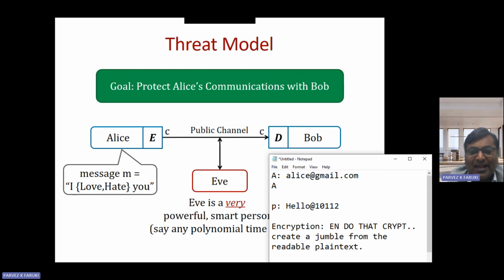So when I say A, I replace it with A dash.